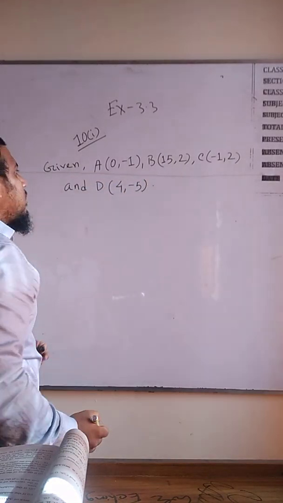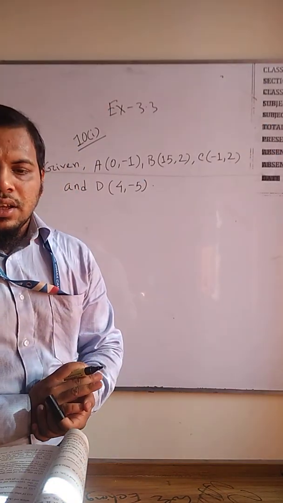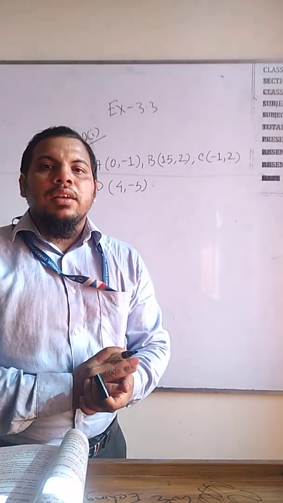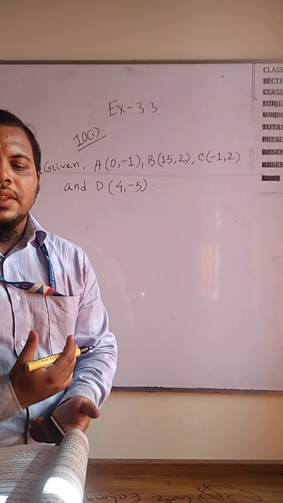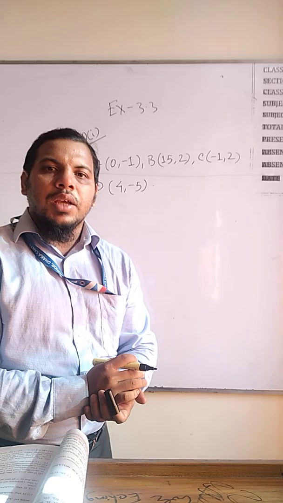That means these 4 points are given. And the next part: find the ratio in which AB divides CD.